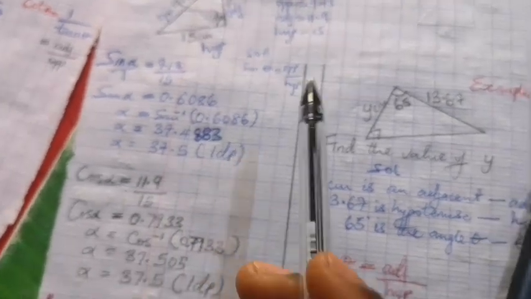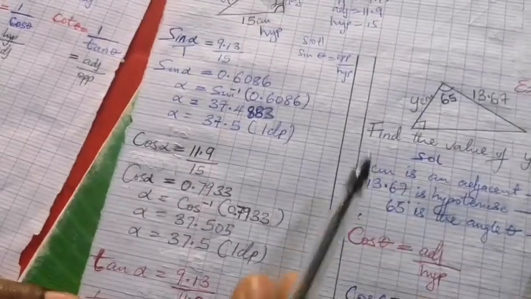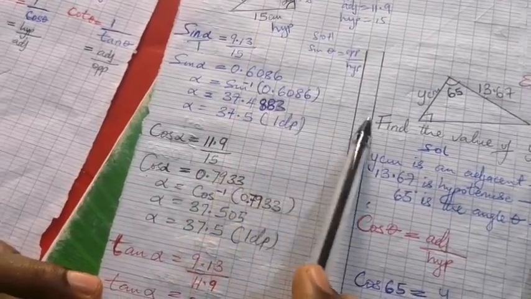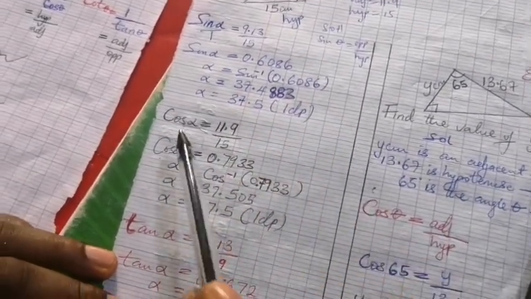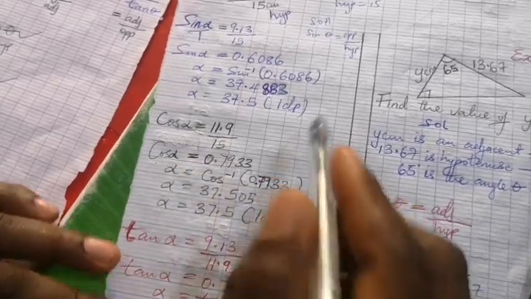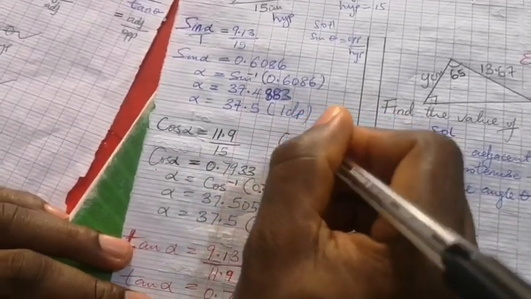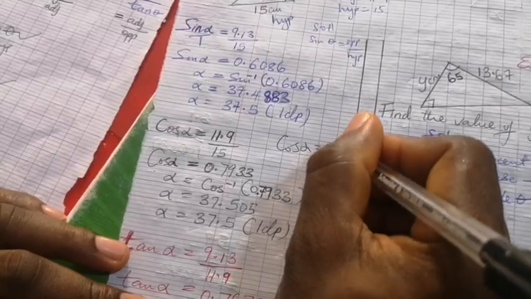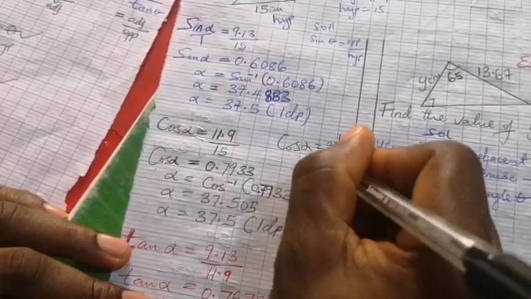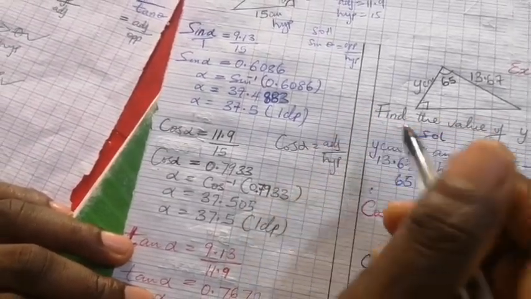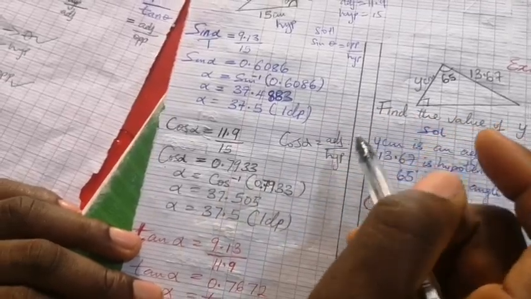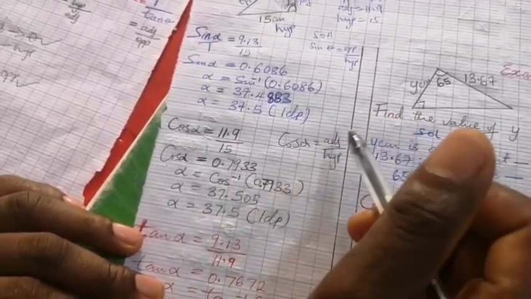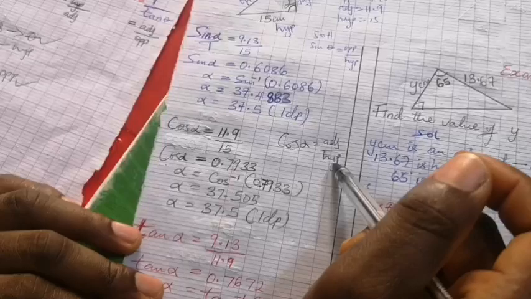Now if we don't want to use sine to solve, we can use cos. Remember that cos theta is equal to adjacent all over hypotenuse. So cos alpha will be adjacent all over hypotenuse.